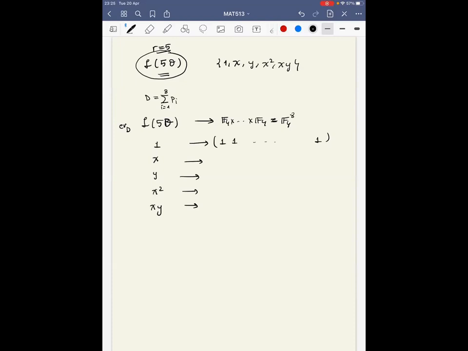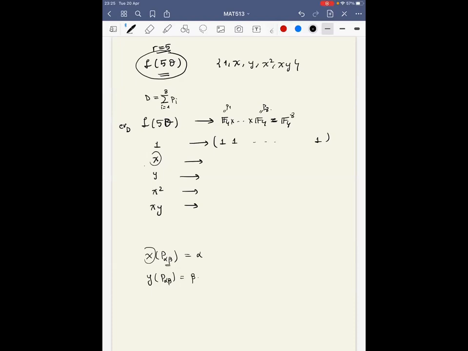And if we evaluate, these are going to be P1 up to P8. For these evaluations, let me recall the fact that when we evaluate the function x at P_{alpha,beta}, we take the x coordinate, and when we evaluate the function y at the rational place P_{alpha,beta}, we get the y coordinate.